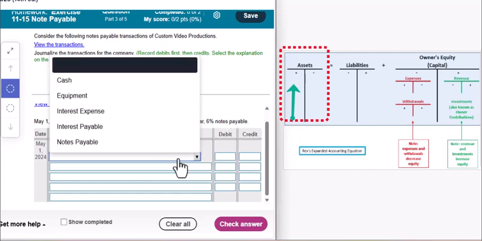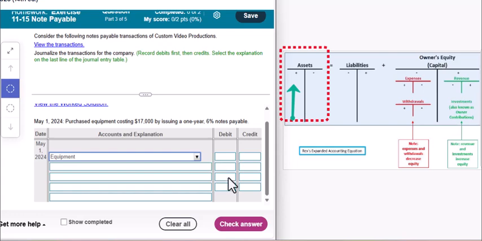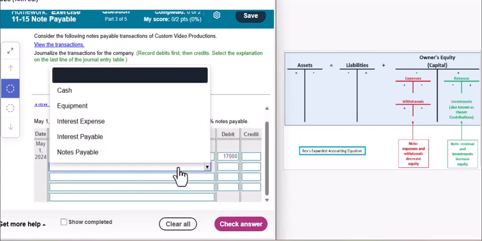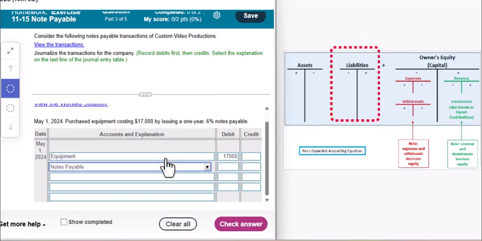So we'll start by inputting equipment and then 17,000 here as a debit, since we are increasing equipment. Then we used a note payable and didn't use cash for this purchase, so we'll be using notes payable, which is a liability, and liabilities increase with a credit on the right.